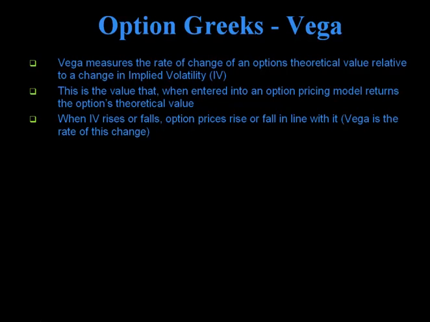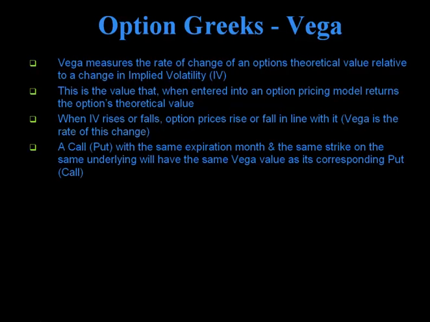When implied volatility rises or falls, the option price rises and falls in line with volatility. If you're long a contract, a rise in volatility increases the option price. If you're short an option contract, you want volatility to fall. Okay?